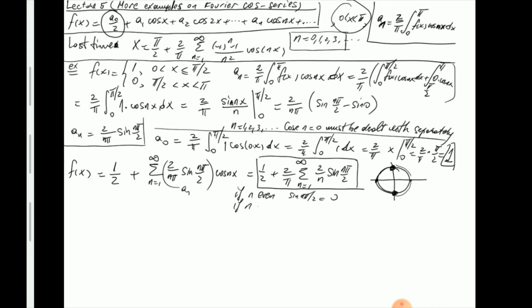So if n is even, then sine of n pi over 2 is going to be 0. And if n is odd, then sine of n pi over 2 will cycle through minus 1 and 1, or 1 and minus 1 in that order. And then you can rewrite this whole summation by disregarding the even coefficients and writing only the odd coefficients.